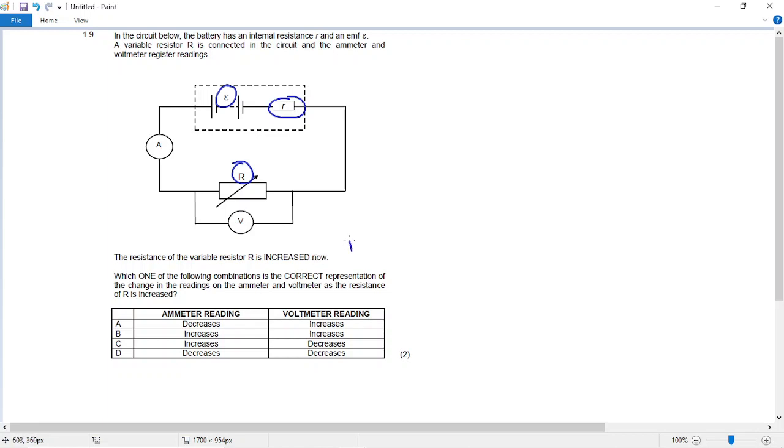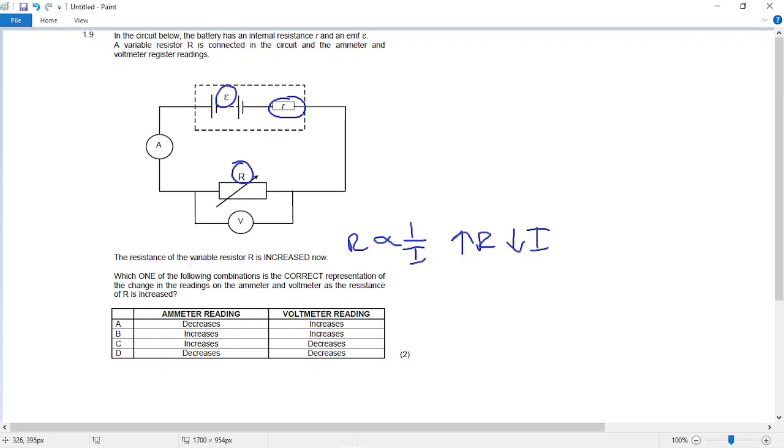Well, we know that R is inversely proportional to current. So if we increase R, we decrease the current. So it says, which one of the following combinations is the correct representation of the change in the readings on the ammeter and voltmeter as the resistance R is increased?